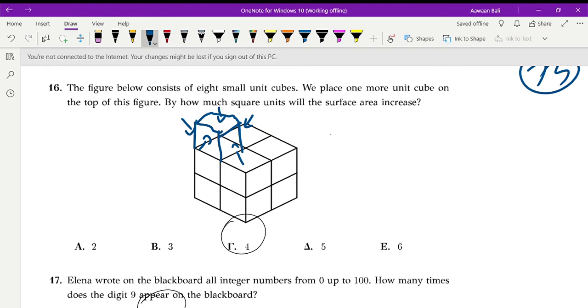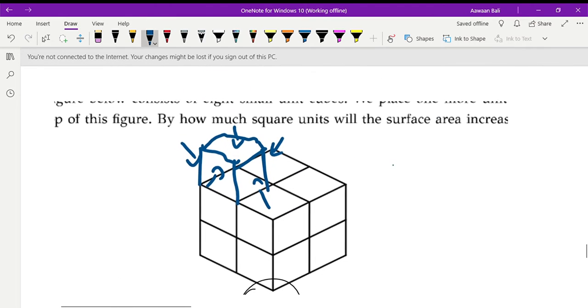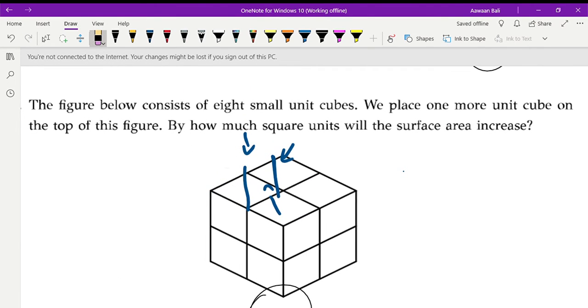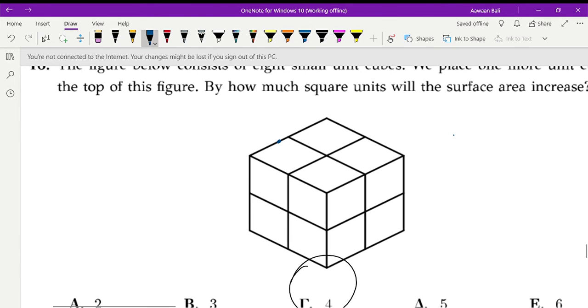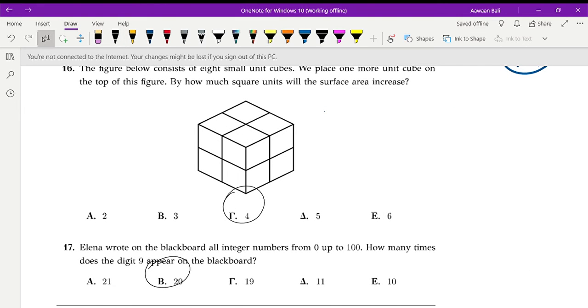Well, if you thought 5, I'm sorry, but that's wrong, because when you're placing this cube, not only does the base of the new cube get covered, but also the top of the cube it's being placed on is also covered, which means two sides are lost, which means it would only increase by 4 square units, which means option C, which is 4, is correct.